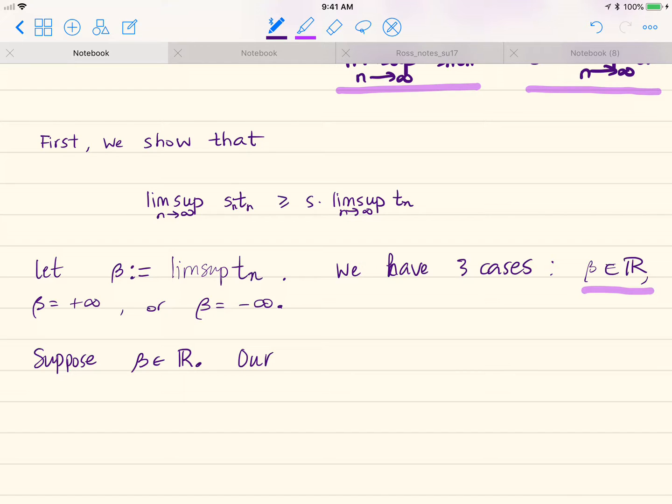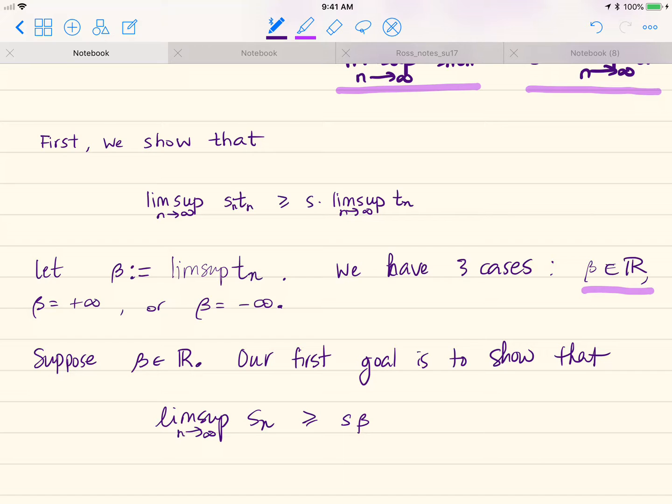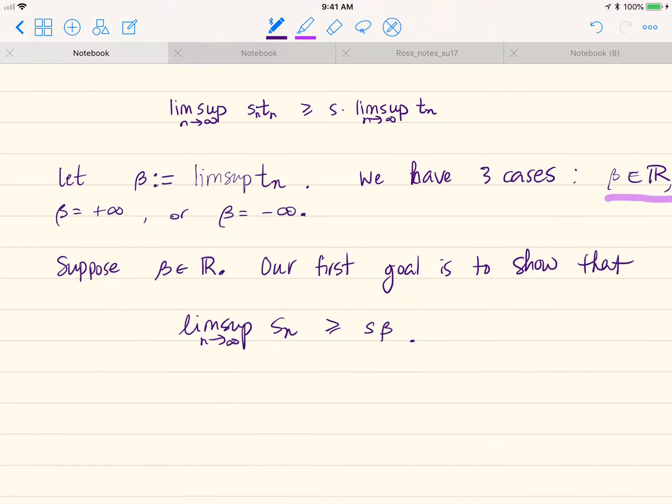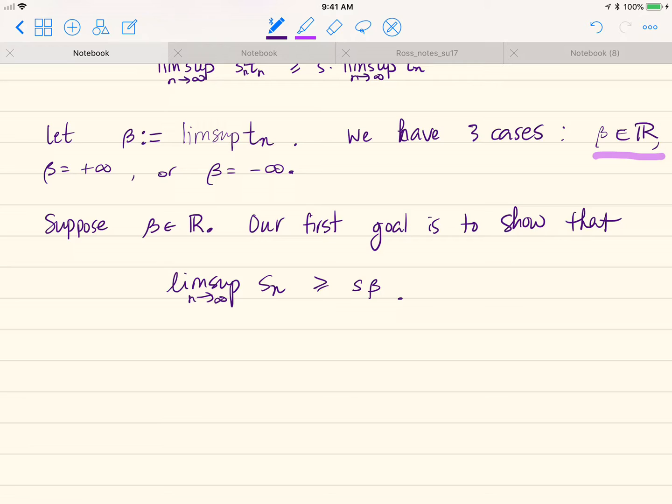Our first goal is to show that limsup of Sn Tn is bigger than or equal to S times beta. Now remember that we proved that there's always a subsequence converging to the limsup of a sequence.